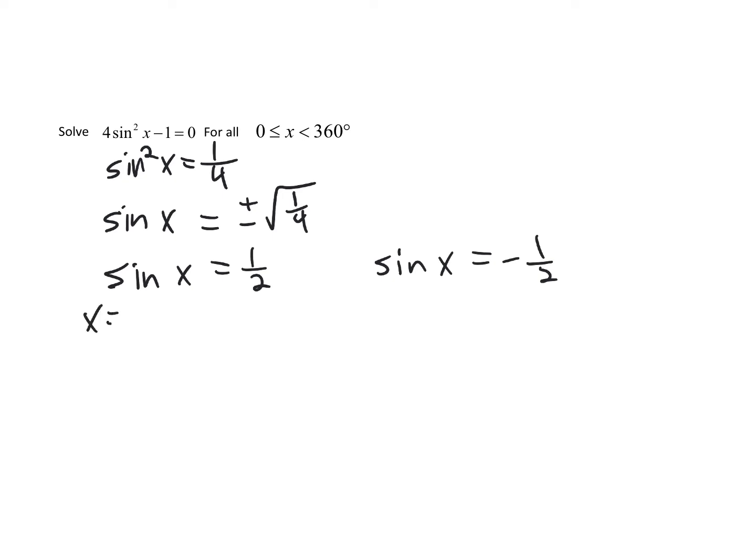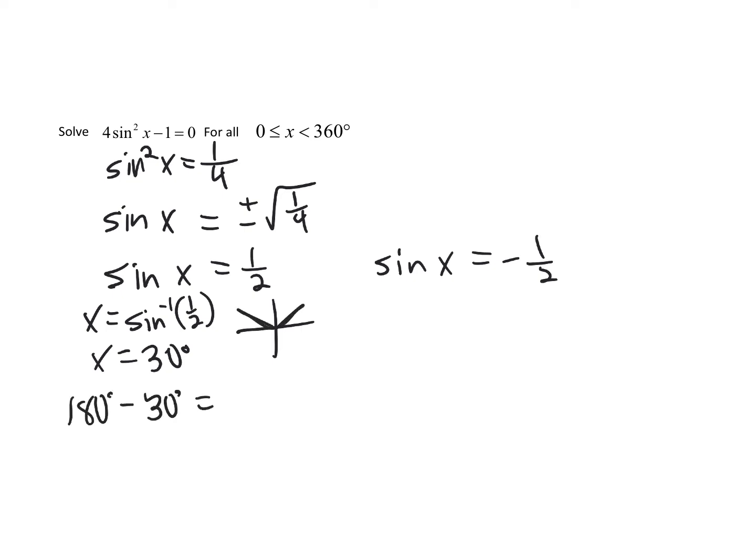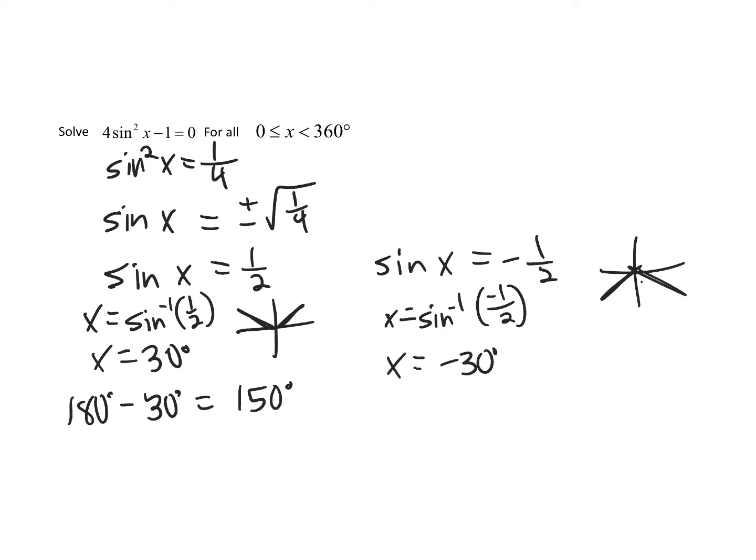answers. So x equals sine inverse of a half gives us 30 degrees. Now this was a positive half, so we're looking at these two quadrants. So 180 minus 30 equals 150 degrees. Over here, it's negative a half, so we're actually looking in these two quadrants. x equals sine inverse of negative a half, which is negative 30 degrees.